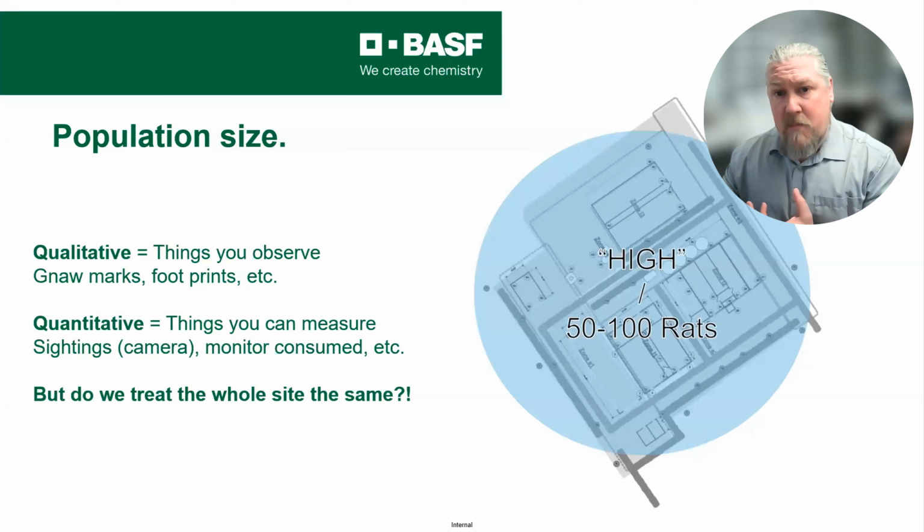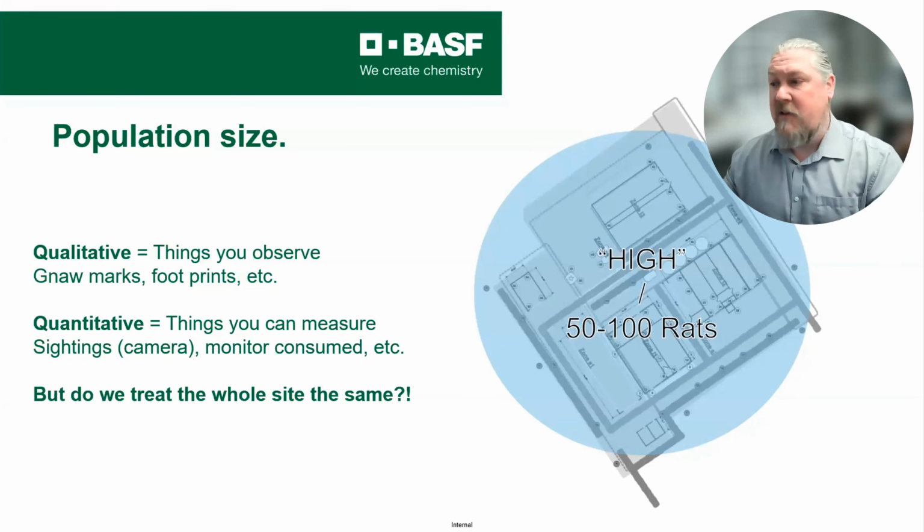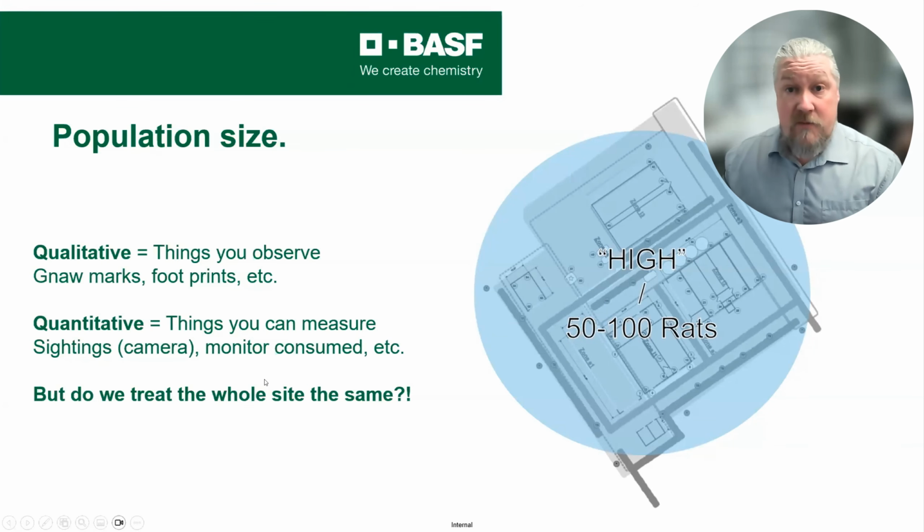Quantitative, on the other hand, is a bit more data driven. This is things that you can measure. So I put a camera trap down. I noticed in this area, I counted 14 rats, 18 rats, 23 rats. And if I put down monitoring bait, how much bait was consumed over a certain time period? And that can give me an estimation for how many rats there are as well.